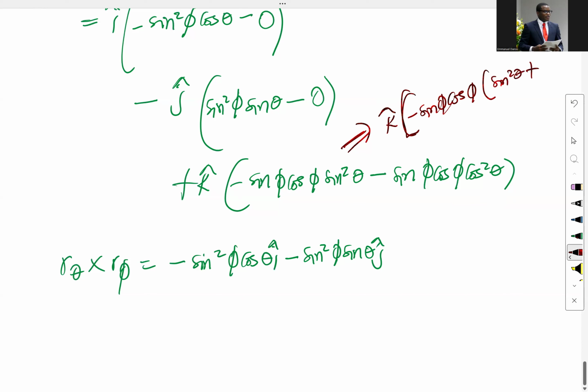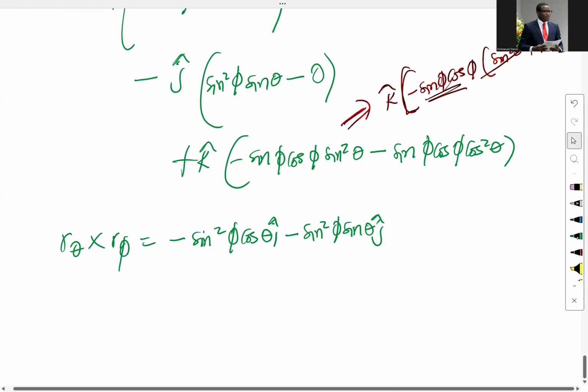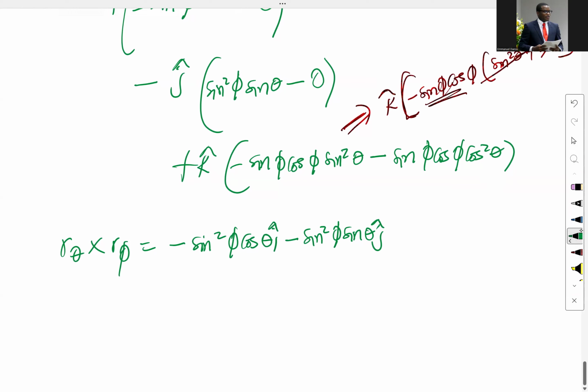Then plus, because minus is outside already, then you have cos squared theta. That's lovely because sine squared theta plus cos squared theta is actually 1. So this is the only thing we have left for k. So we have minus sine phi cos phi in the direction of k. So that is the cross product of r theta and r phi. That's all we have left for that.